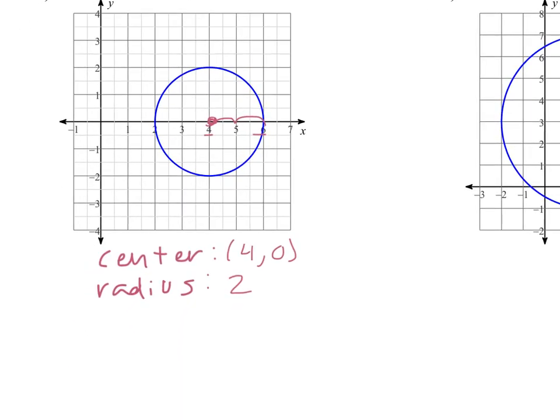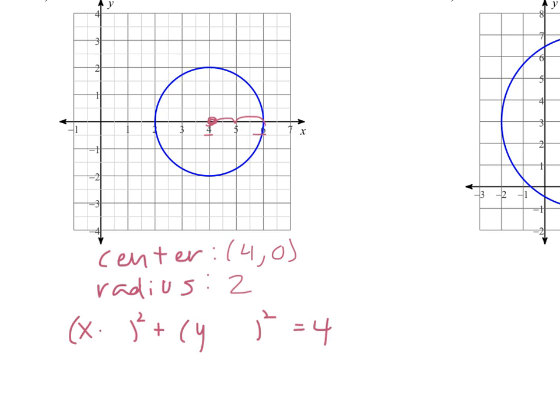So now we plug it into our formula. So our formula is always going to be x squared plus y squared is equal to our radius squared. So when we take our radius and put it into the equation, we need to square it. So 2 squared, 4. And now when we take our center and put it into the equation, we need to change the signs.